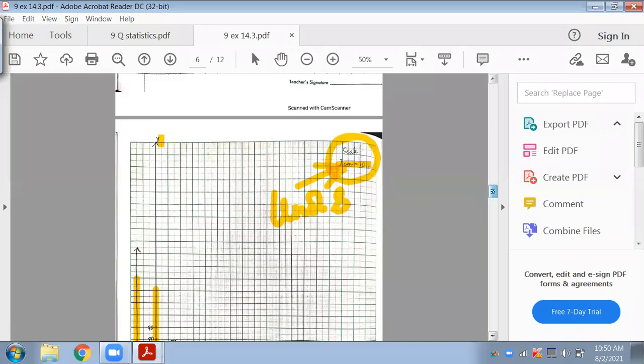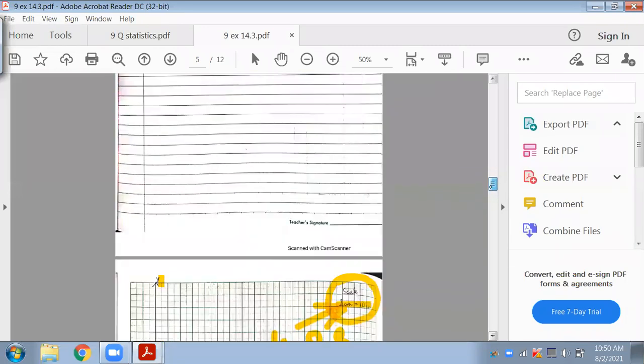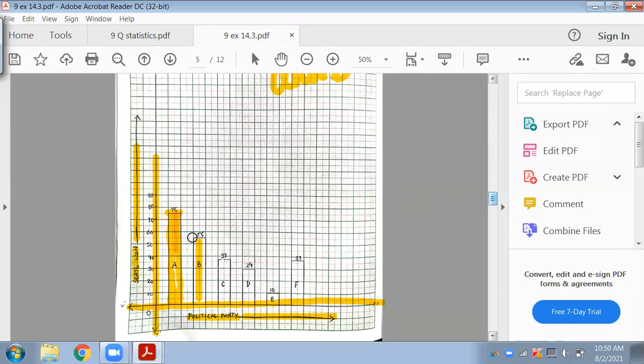Okay, and again, go to the rule page. Now, if you see the graph, the bar of political party A is the tallest among all of them.